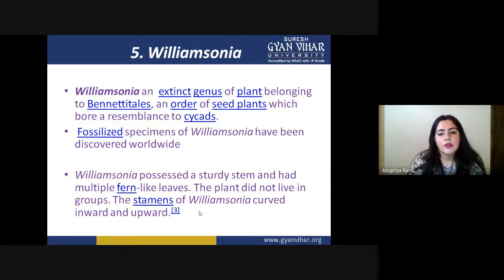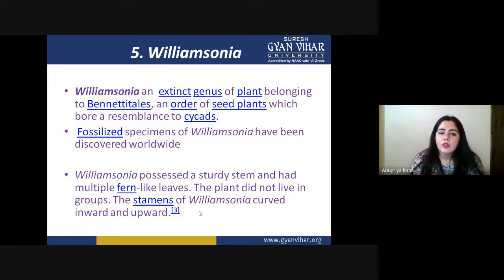Williamsonia possessed a sturdy stem and had multiple fern-like leaves. If we see their structure, they have this sturdy stem and multiple fern-like leaves. As you have already seen cycads many times, if you have a brief knowledge about how a cycad plant looks, then you will understand how the fern leaves of a Williamsonia look.